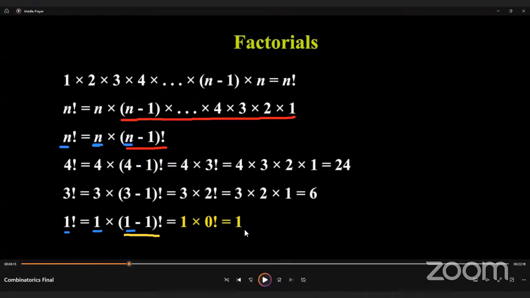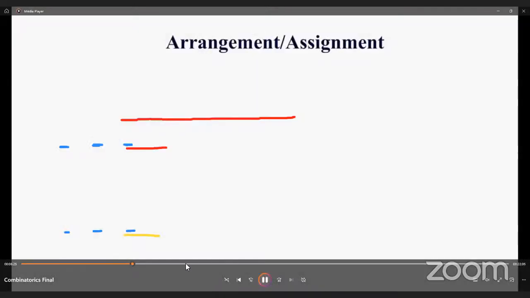And that is the same as 1, because 1 factorial is 1. So what is 0 factorial? Of course 1. So that's how you prove that 0 factorial is 1.